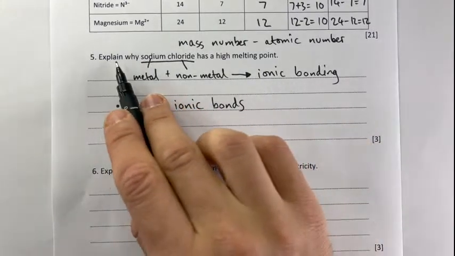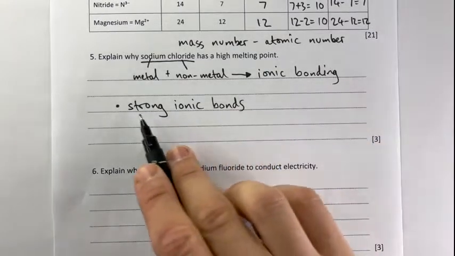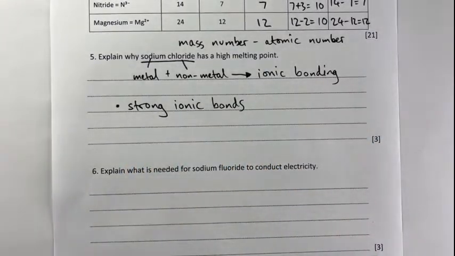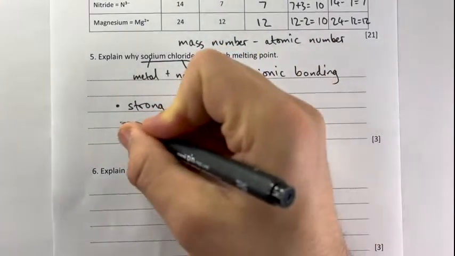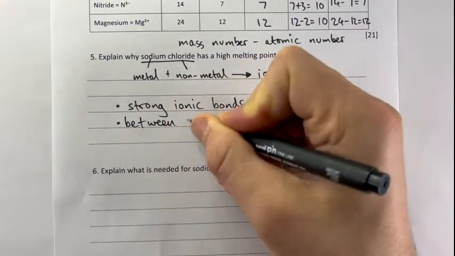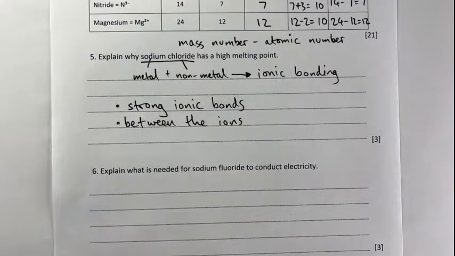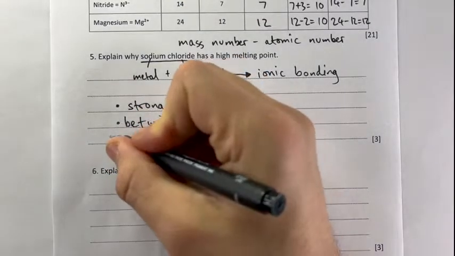So if this substance, sodium chloride, has a high melting point, well, this ionic bonding must be strong. Where do we find these ionic bonds? You get another mark for saying between the ions. So you need to say strong ionic bonds between the ions.